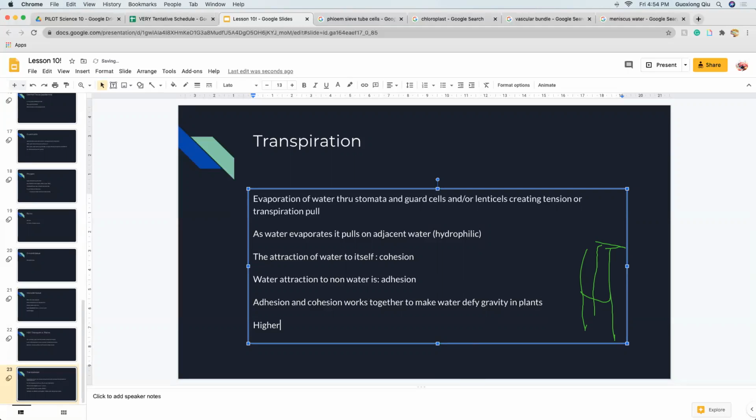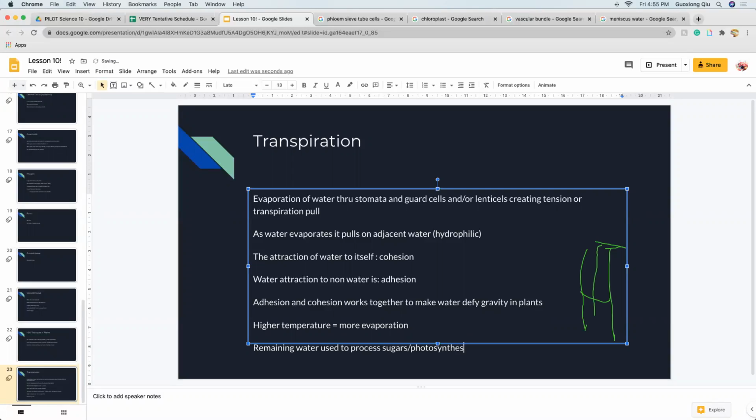Now, when there's a higher temperature, there is more evaporation, so more water being lost. More evaporation means more transpiration. The remaining water that is not transpired is used to perform photosynthesis.